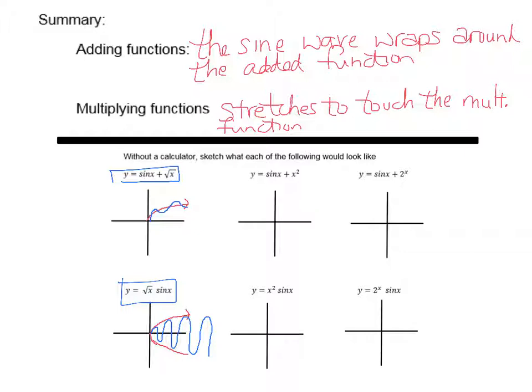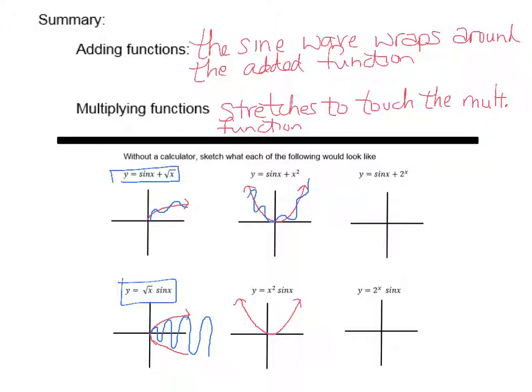All right, let's try it with a parabola. We have an x squared. I'm going to graph the x squared. When I add, it tends to wrap around. You're going to look at it and it's going to have this look where it wraps around that because it's shifting up in some places.